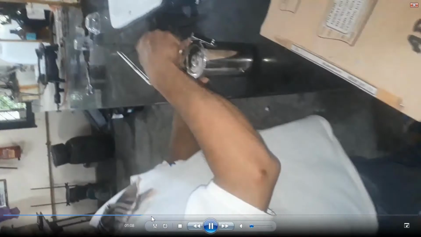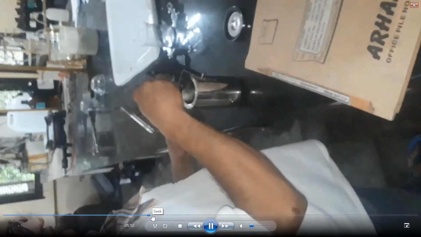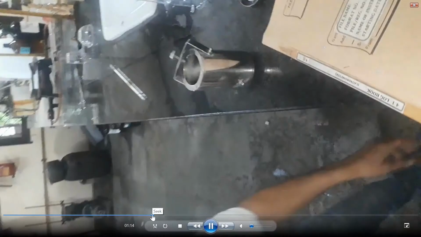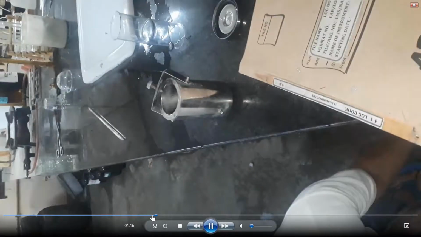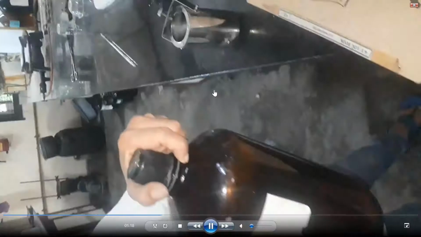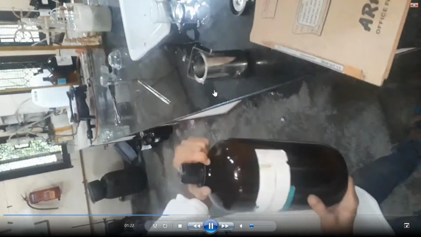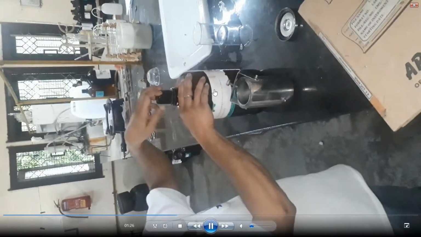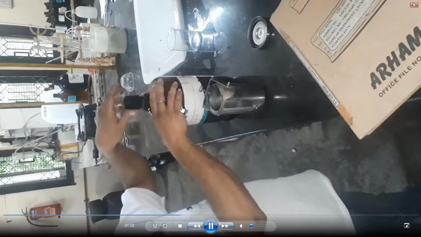Solution means soap solution or soap soda solution, depending upon the intensity of the washing. Sometimes we run it at 40 degrees centigrade, sometimes at 60 degrees centigrade. Sometimes we put some steel balls over here, which determine the intensity of the washing.